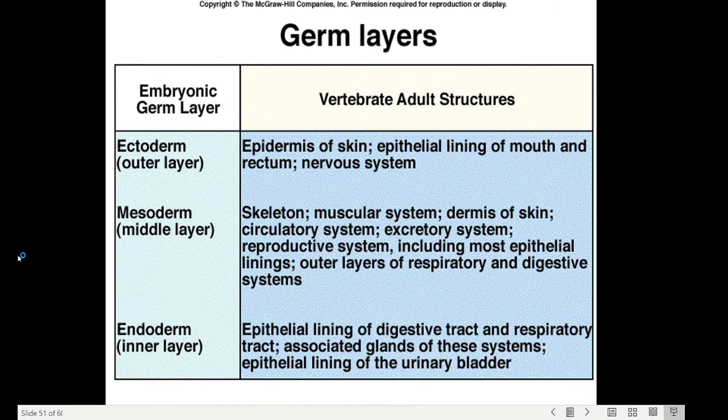These different cells form in various lines. The ectoderm forms epidermal skin, epithelial lining, mouth, and the nervous system. Mesoderm forms the skeleton, muscles, skin, internal parts, internal organs, and epithelial cells. Endoderm, the inner layer, forms the respiratory tract and urinary bladder.